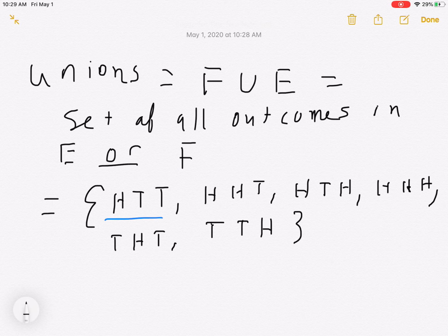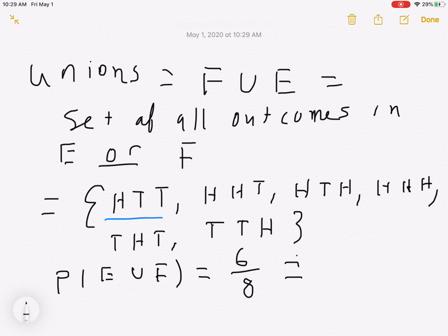And that's everything. So if I had to write probability of E union F, well, let's see. This is 1, 2, 3, 4, 5, 6. That's 6/8.